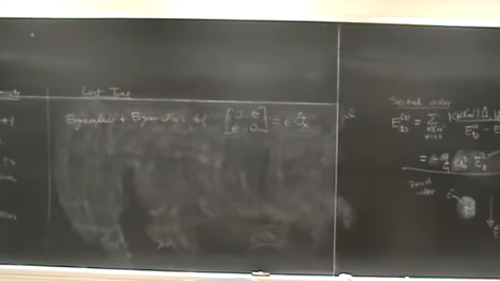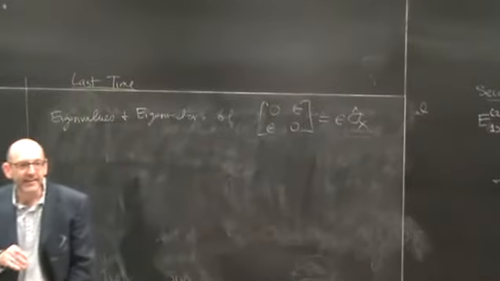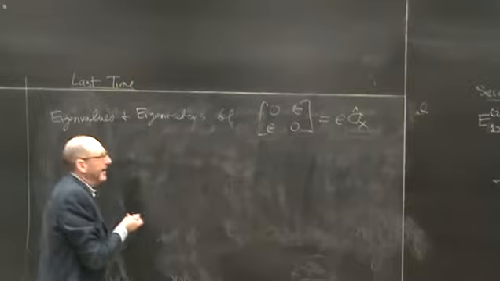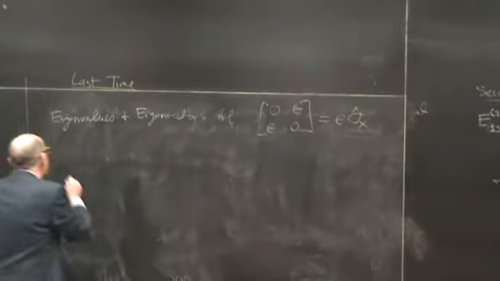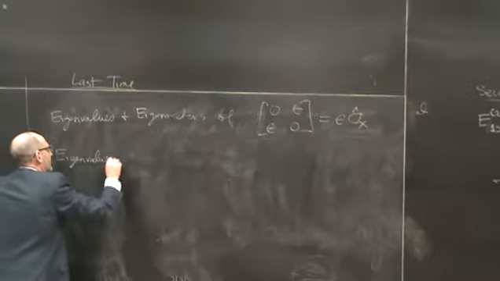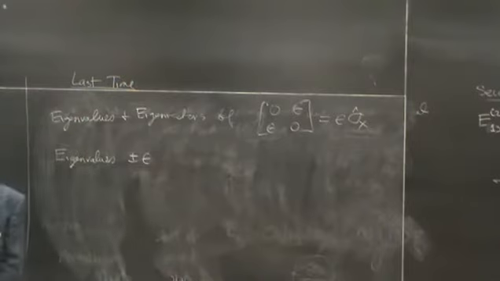And that has nothing to do with the spin of the electron, it's just two states. It's a qubit, if you like. And we can diagonalize that. The eigenvalues of the sigmas are plus or minus 1. So the eigenvalues are plus or minus epsilon. Okay? Plus or minus this.